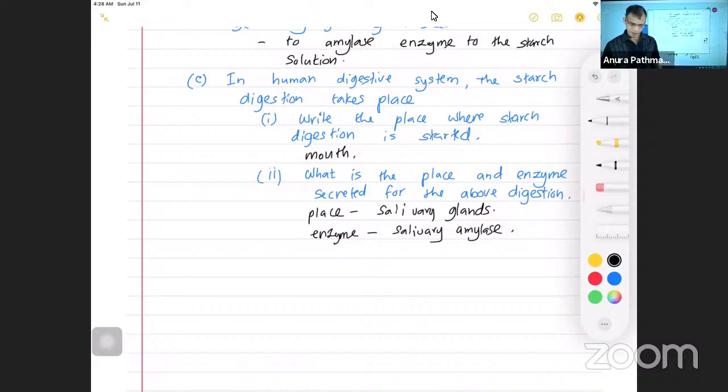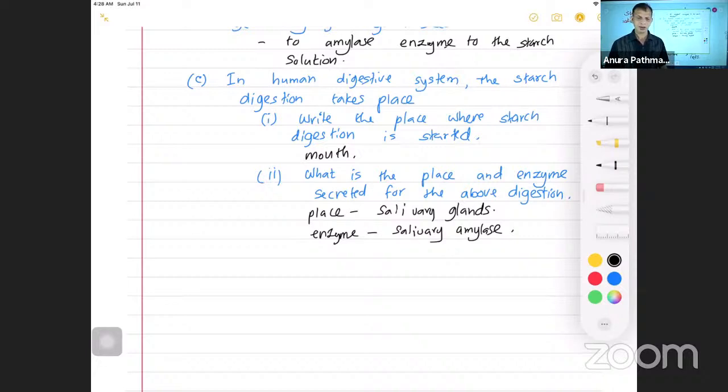Right, the place where starch digestion started is the mouth, and it goes on. I'd like to add, some of you are coming from grade 10 and some from grade 11: the starch digestion starts from the mouth, and then no digestion takes place at the stomach. Then the next place is the duodenum and then the small intestine.